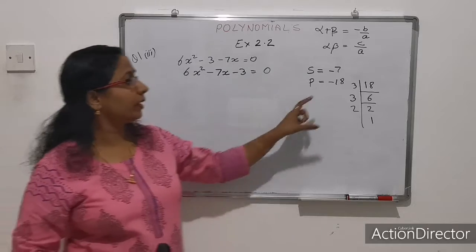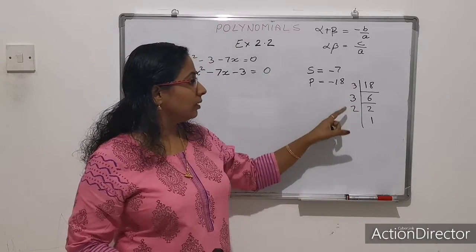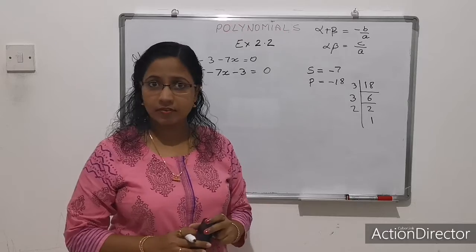Now how can we combine these things so that you will get minus 7?